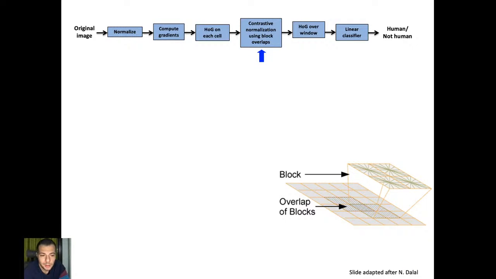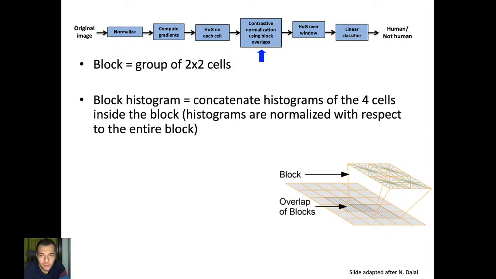Okay, so the blocks can also overlap. As I said, a block is a group of 2 by 2 cells, and the block histogram is a concatenation of the histograms of the 4 cells inside the block. So in total, a block has 36 components, and the histograms are normalized with respect to the entire block.